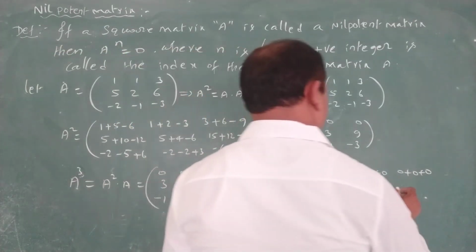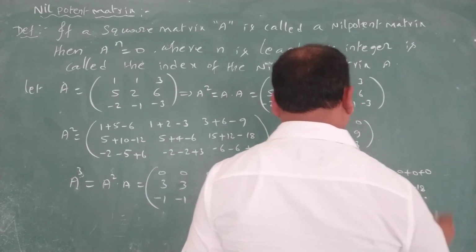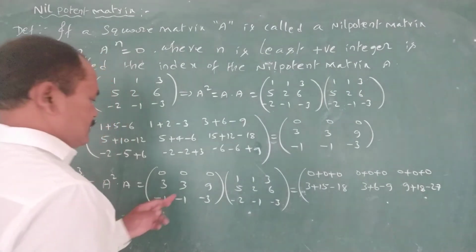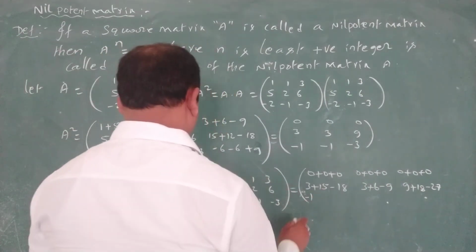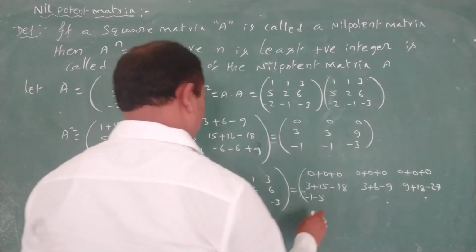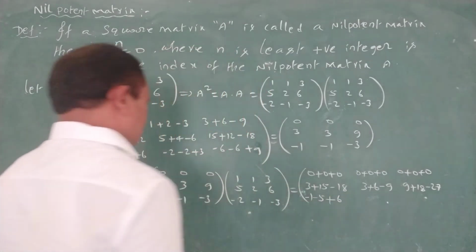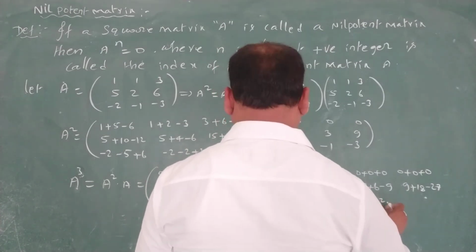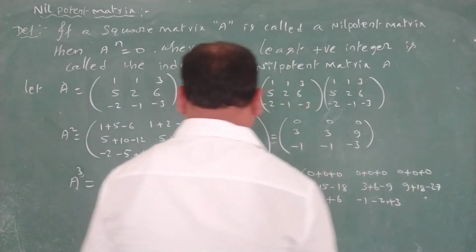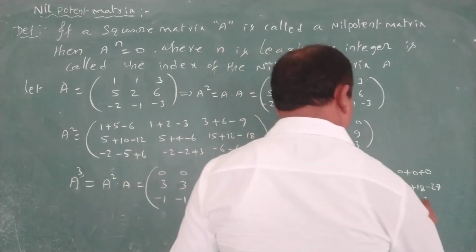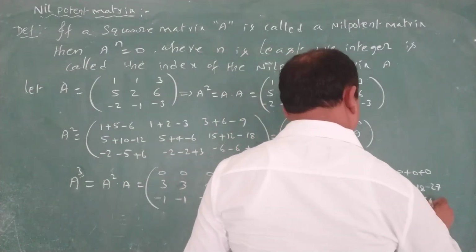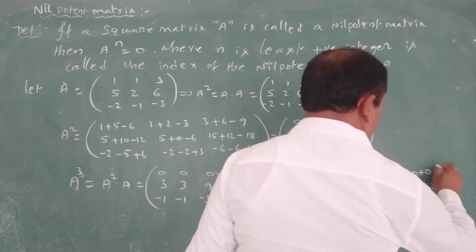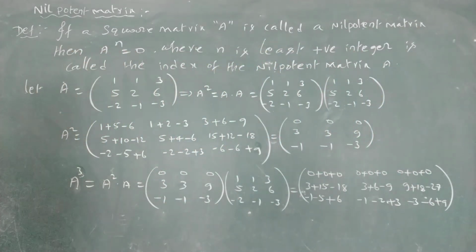Next 9 plus 18 minus 27. Now this is minus 1 minus 5 plus 6. Now this is minus 1 minus 2 plus 3. Now this is minus 3 minus 6 plus 9. That's all. Now we have to simplify this.